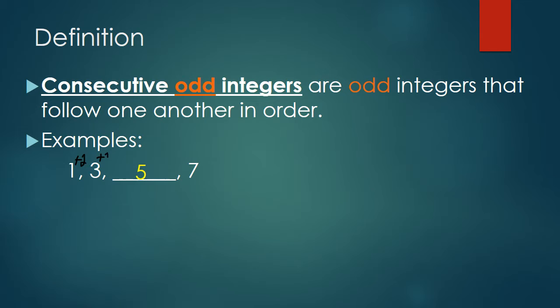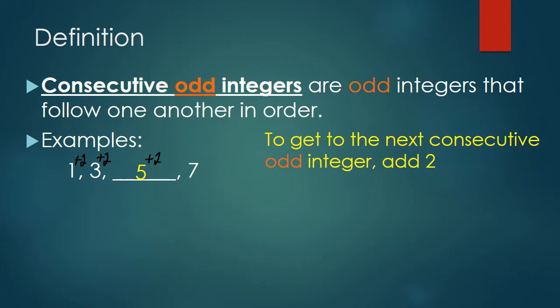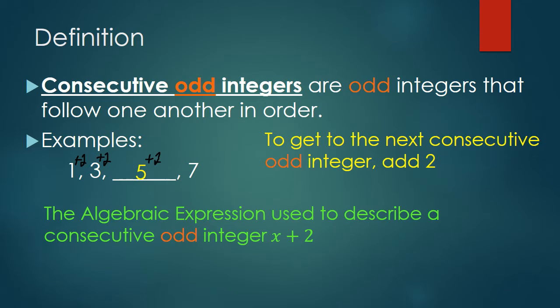So 1 plus 2 is 3, 3 plus 2 is 5, 5 plus 2 is 7. So to get to the next or consecutive odd integer, we had to add 2. As a general rule, I'm going to express a consecutive odd integer with x plus 2.